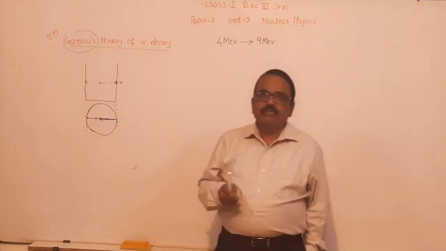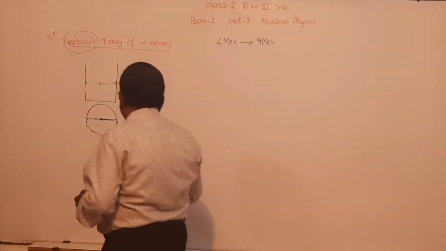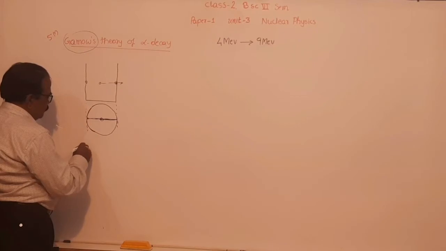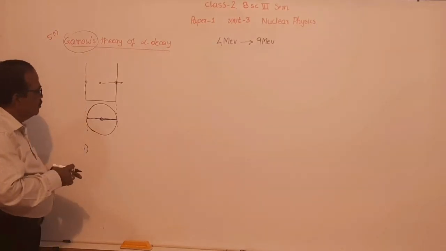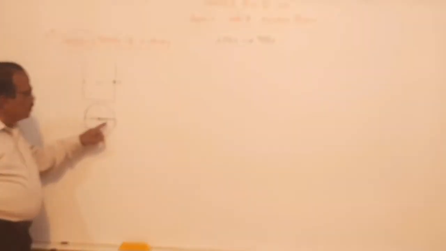The basic notions of this quantum theory are, first, the alpha particle exists within the nucleus as an entity.